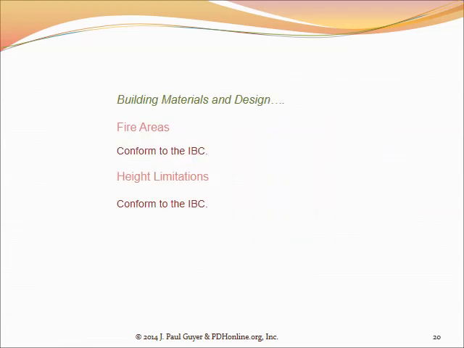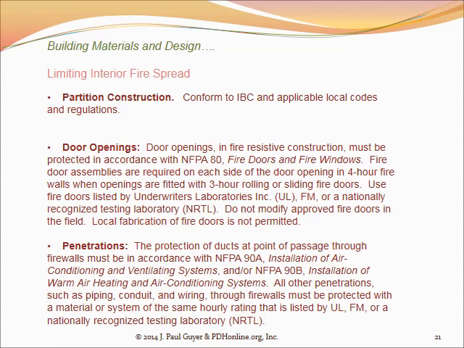The codes are going to mandate that certain walls or partitions be of a higher fire-resistive construction. And this is driven by the underlying principle that what you want to do is maintain the integrity of the egress routes in the building.